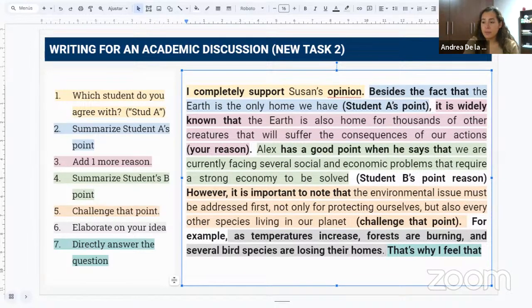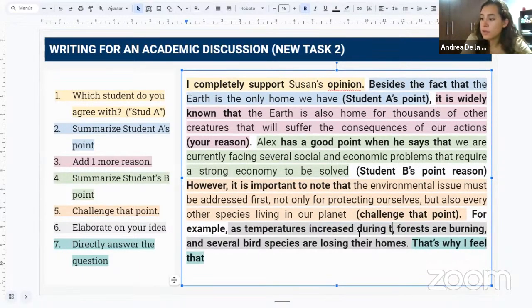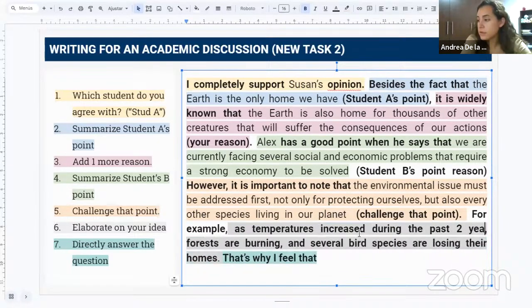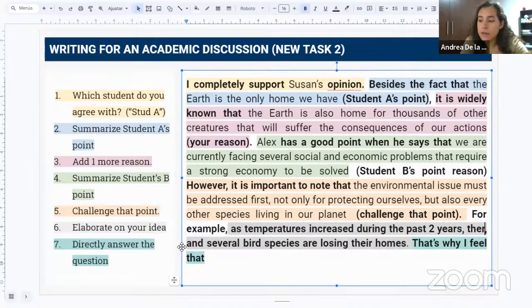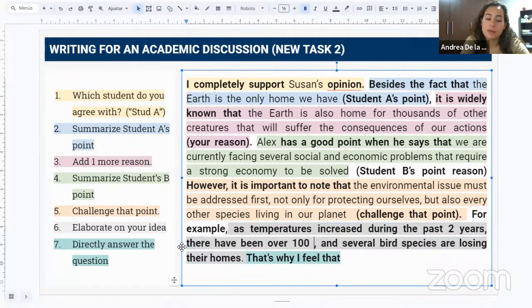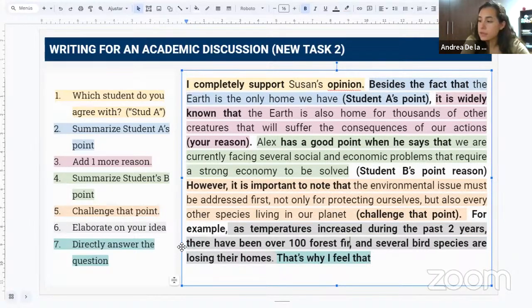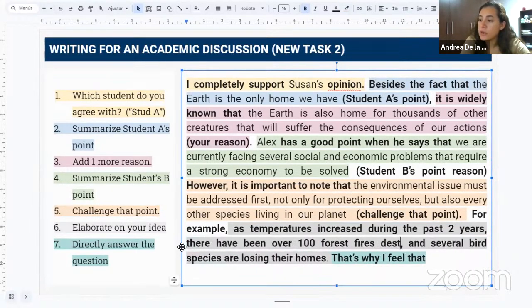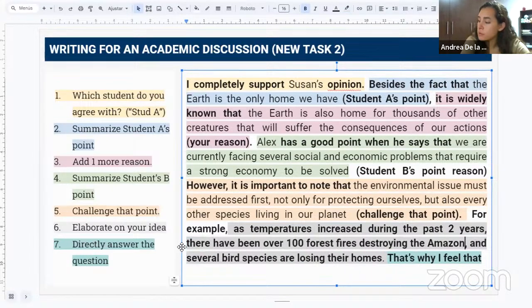So maybe you can say, for example, as temperatures increased during the past 2 years, let's say, forests are burning, maybe we can say there have been over 100 forest fires destroying the Amazon, right?